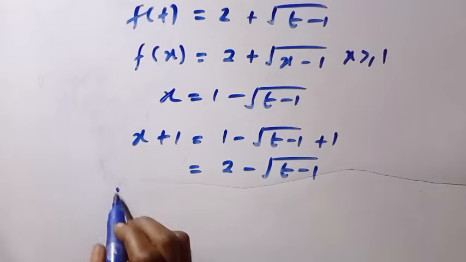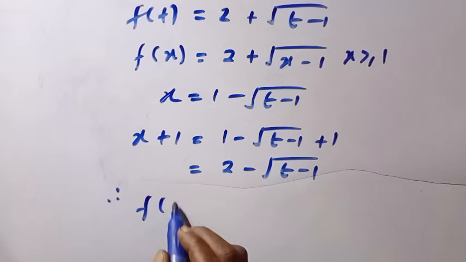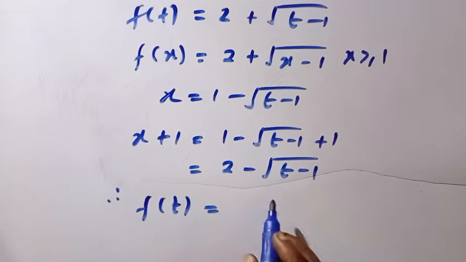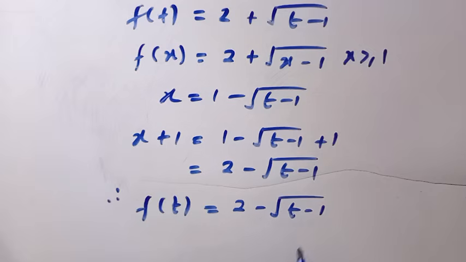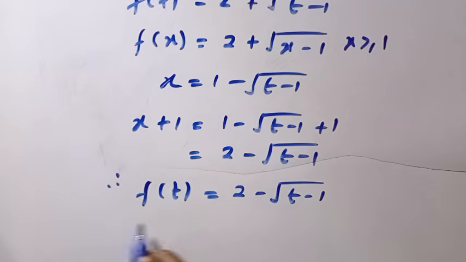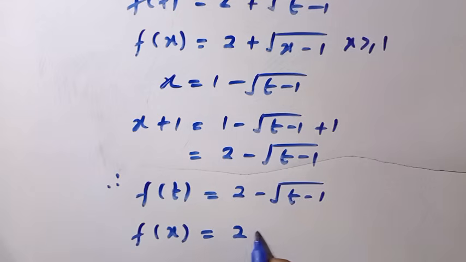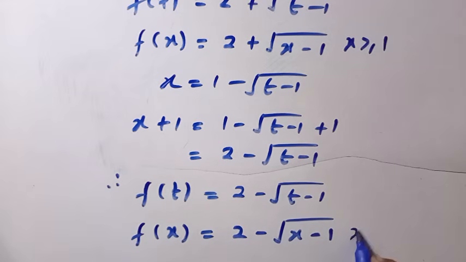And therefore, we have f of t equals 2 minus the square root of t minus 1. Then by changing t to x, we have f of x equals 2 minus the square root of x minus 1. And what is the value of x at this point as well? It's still the same thing: x is greater than or equal to 1. Negative is not allowed here.